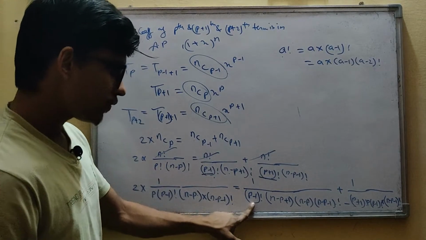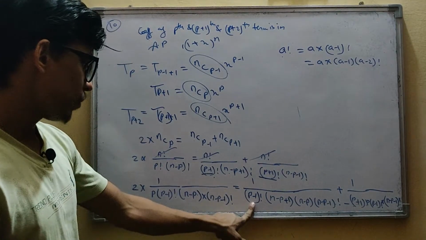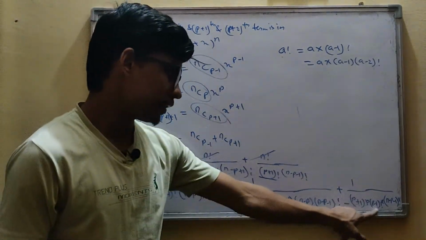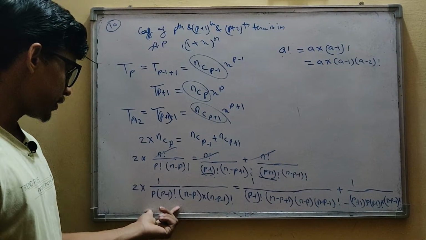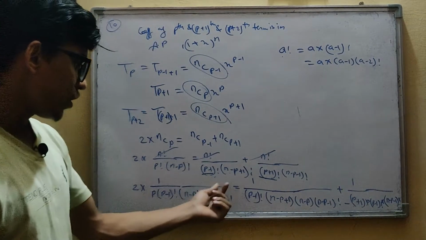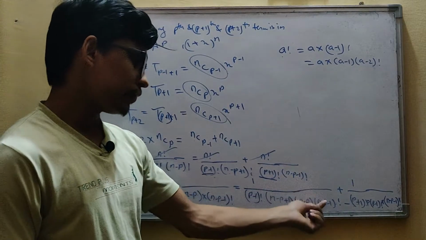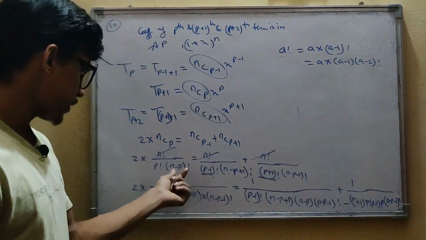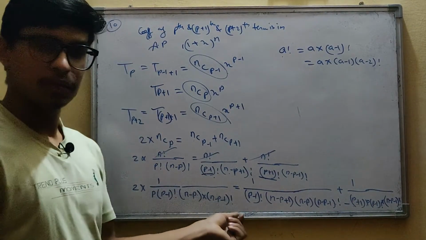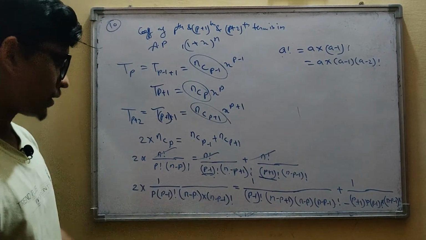Here we have p minus 1 factorial as a common, right? Here and here, so I have to expand it till p minus 1 factorial, and also we have common n minus p minus 1 factorial from these two, so I have expanded n minus p till n minus p minus 1 factorial. So n minus p into n minus p minus 1.